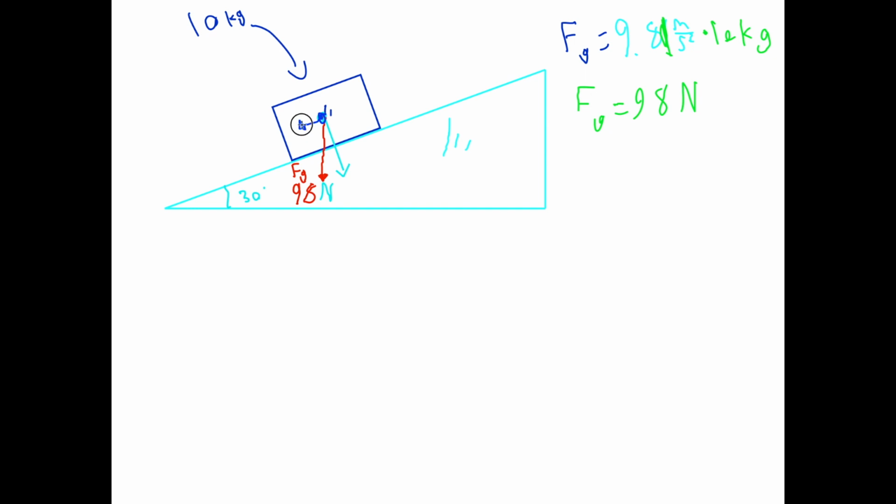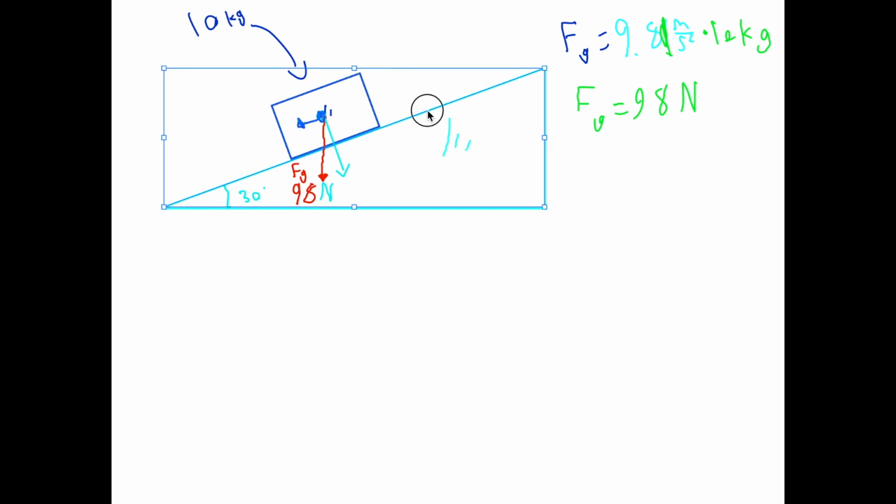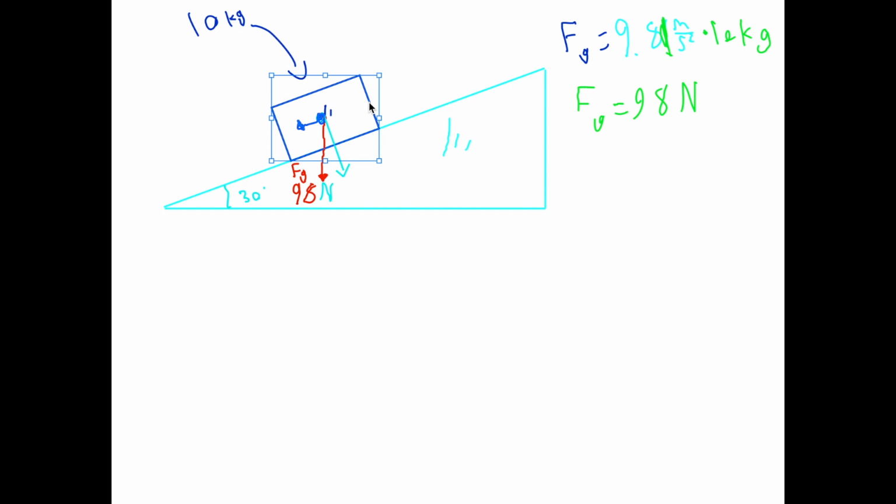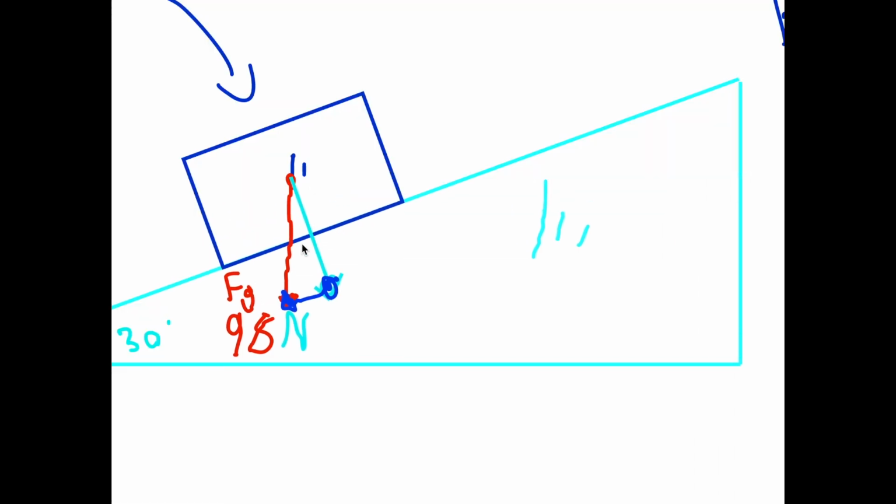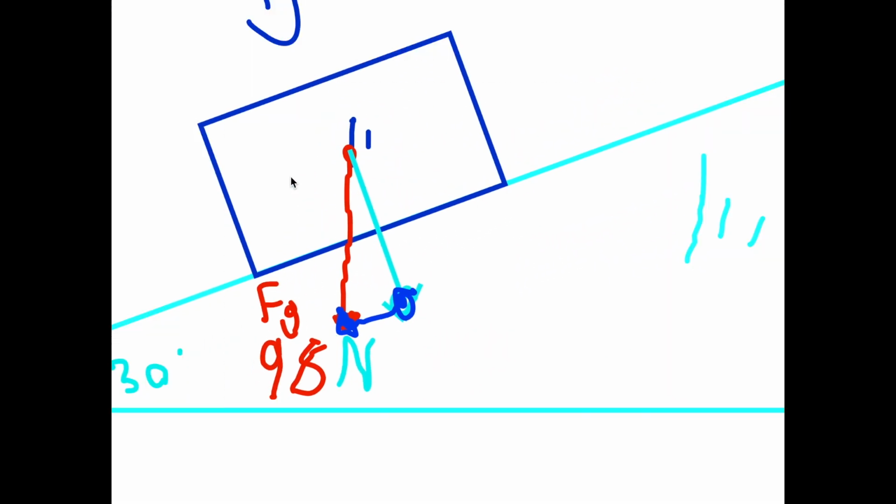Now what we're going to do is take that force vector and move this down this way so that it lines up like that. Okay, so now let's zoom in on this little part here. Actually, let's zoom like this.